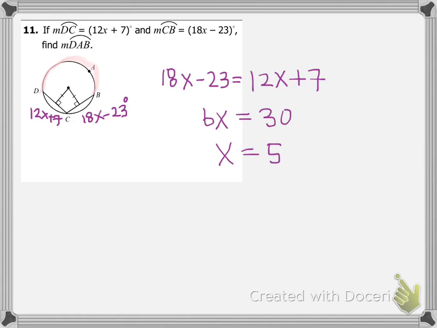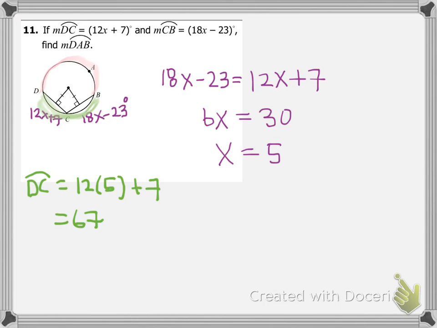So what could I find? I could find this measure here. I could find DCB and subtract it from 360, right? Okay, so the measure of DC here is going to be 12 times 5 plus 7. So 12 times 5 plus 7 is going to give me 67.